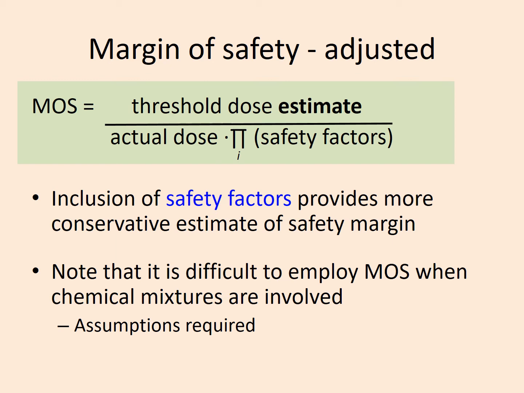So when we have these adjusted margins of safety, that's usually this estimate of threshold dose over the actual dose times a bunch of safety factors. This gives us that uncertainty. So we have a conservative estimate of that margin of safety, something that has plenty of wiggle room and uncertainty built into it. Okay, and what might that look like?